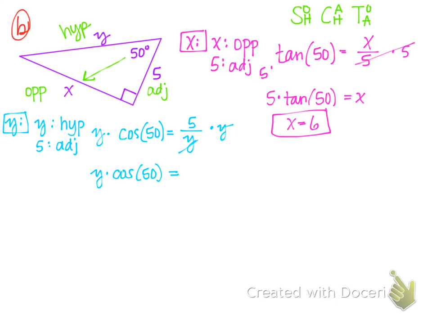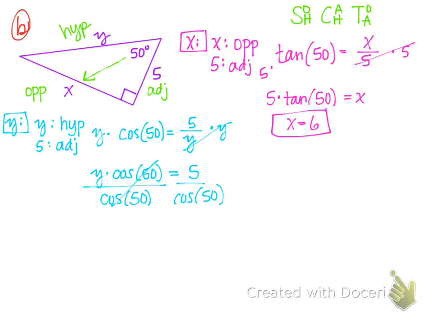Our y's cancel, and we're left with just 5 over here. Remember, cosine of 50 is a number. We can type that in our calculator and we'll get a number out. To get y by itself, we've got to divide both sides by cosine of 50. Remember, cosine of 50 is just a number, and our cosine of 50s will cancel.